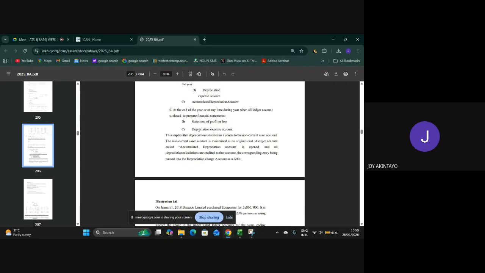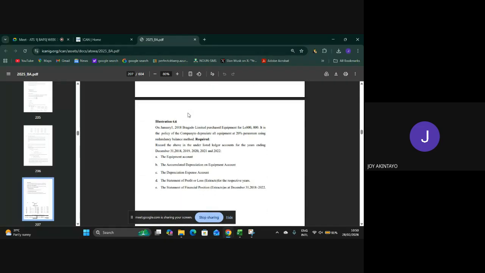So that's about that. Now we have a question here. They said on January 1, 2018, Bragado Limited purchased equipment for 800,000 naira. It is the policy of the company to depreciate all its assets at 20% per annum using the reducing balance method.